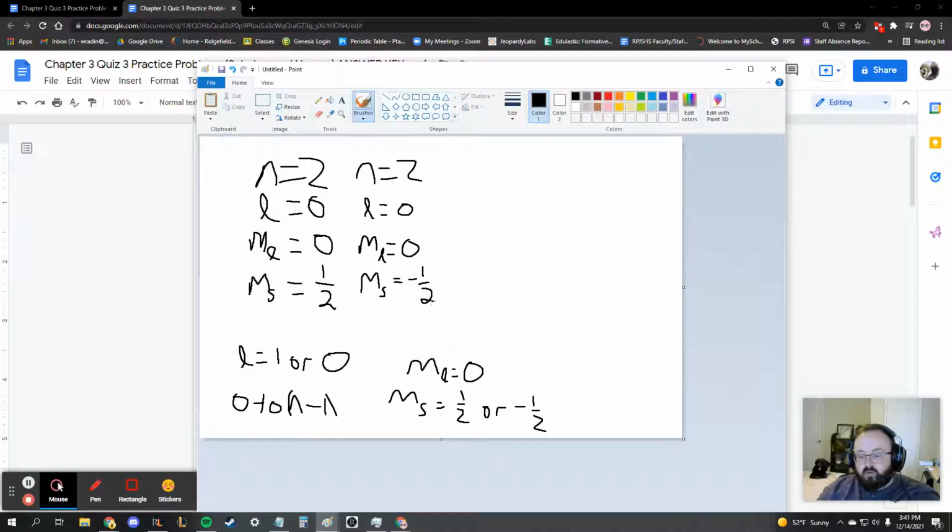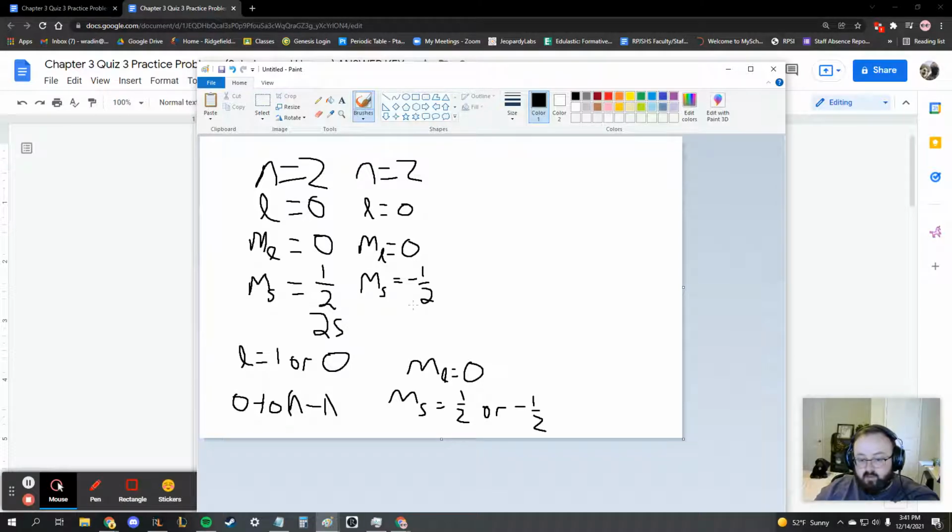This is our 2s orbital, actually. I do want to create that connection too. Because our n equals 2 and our L equals 0, these are the 2s orbitals.